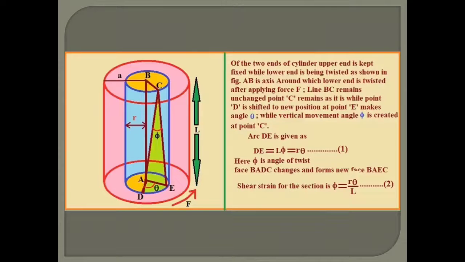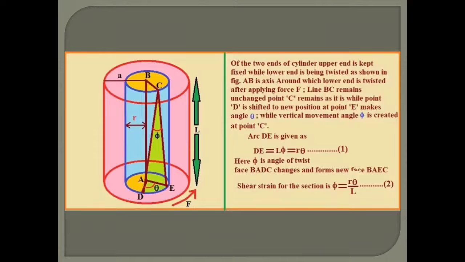Now arc D is given as D is equal to L into phi is equal to r theta, as you can see in the diagram, where L is the length of the cylinder, and phi is the angle of twist.